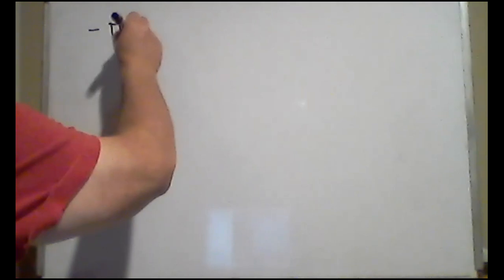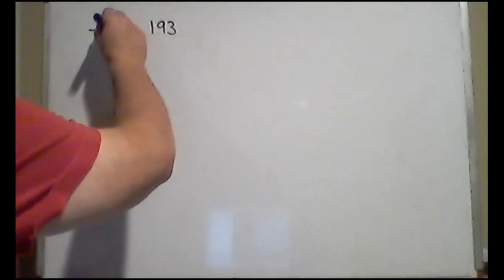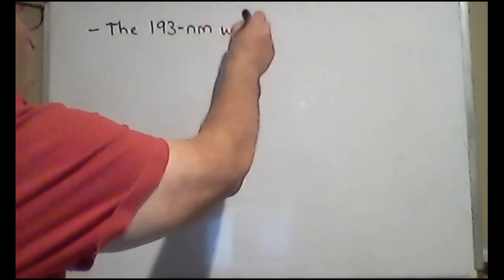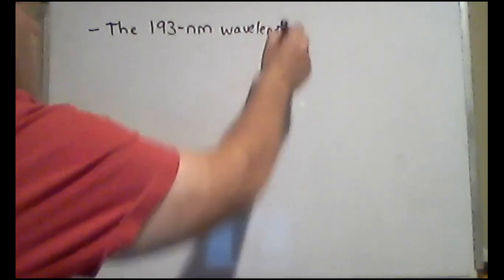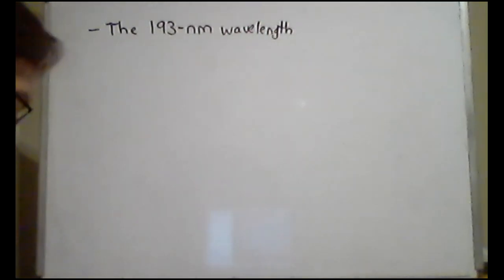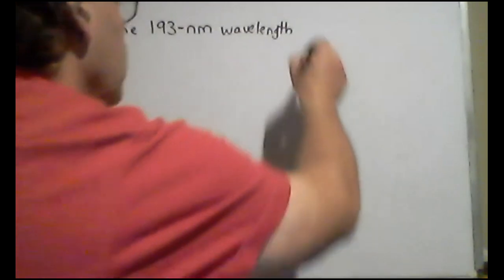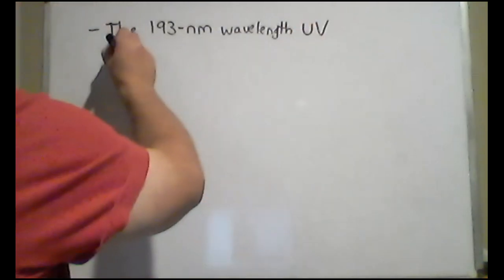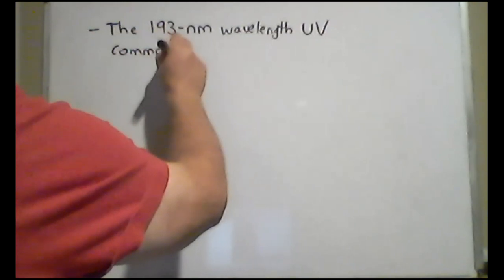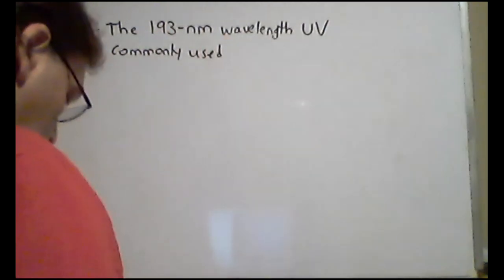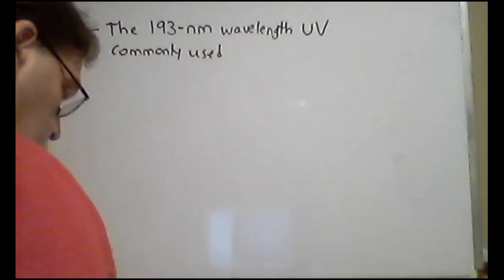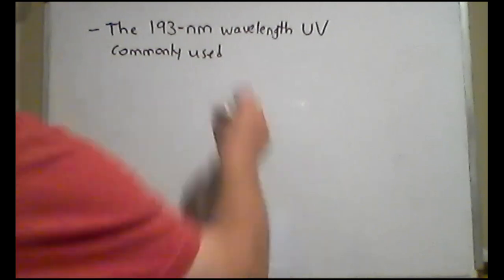All right, and so we use precisely 193 nanometer wavelength ultraviolet, commonly used, which is extremely and strongly absorbed by corneal tissue.